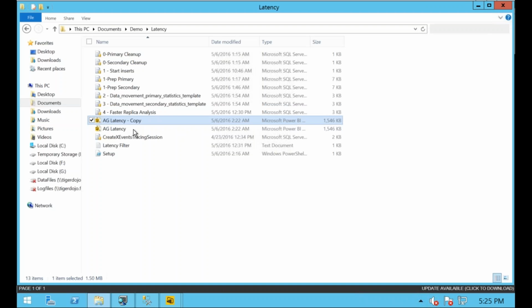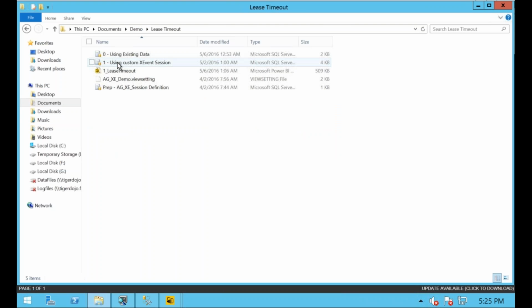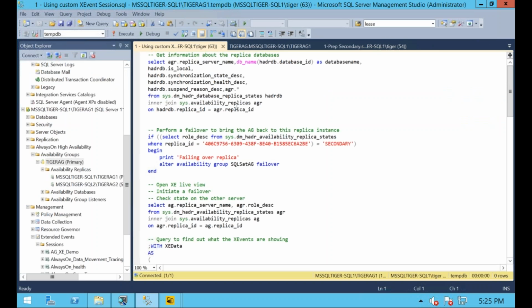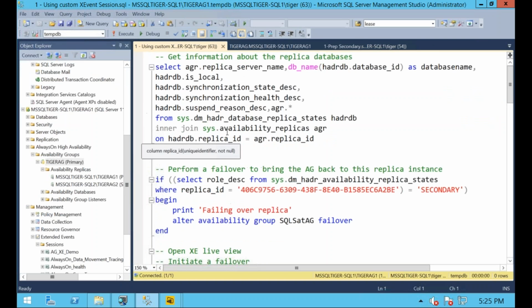Now let's go ahead and see how we can track down these using T-SQL queries. So I created the custom XE session, and what I am pulling in to the SQL Server from the SQL Server extended event session is this information.